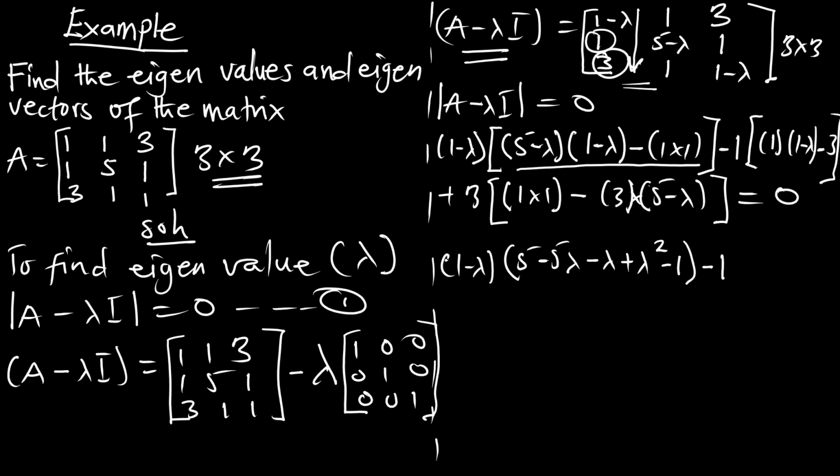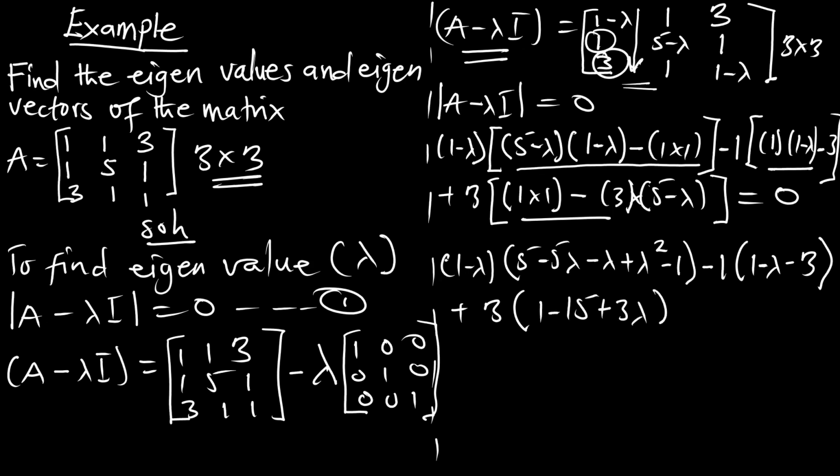In this bracket, we are going to get 1 minus lambda minus 3. And plus, in this bracket, we are going to get 3 times 1 minus 15 plus 3 lambda. Equate everything to 0. So I'm going to try to expand this bracket.